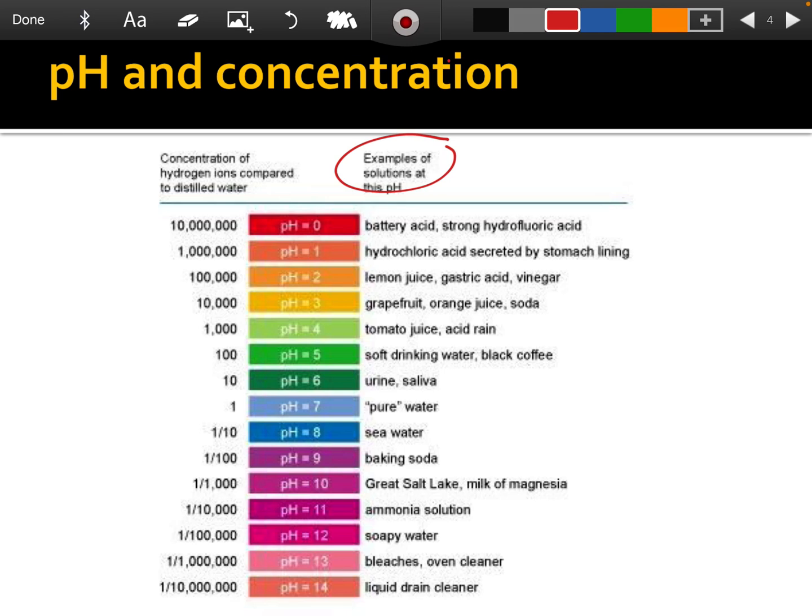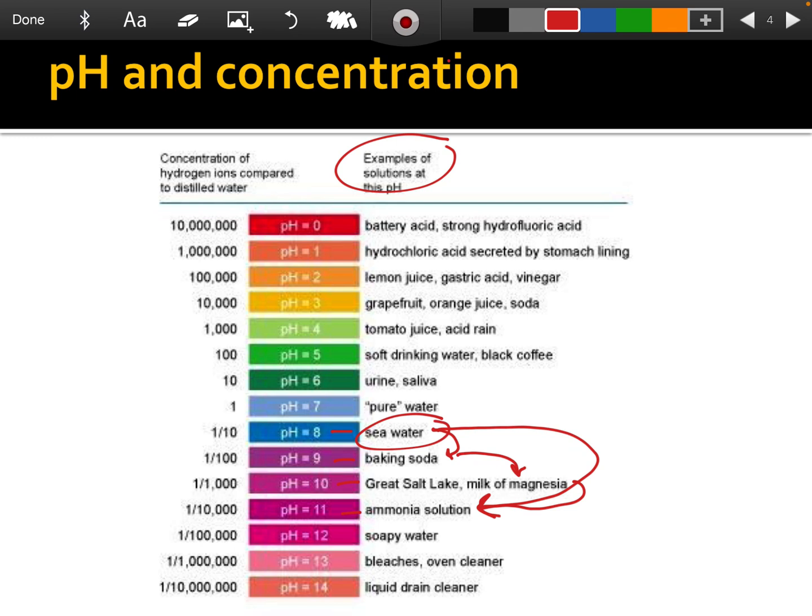So if we went from a pH of 8 to a pH of 11, this would be 10 times greater, this would be 100 times greater, this would be 1,000 times greater. So each bump in pH represents 10 times more acidic or 10 times more basic.